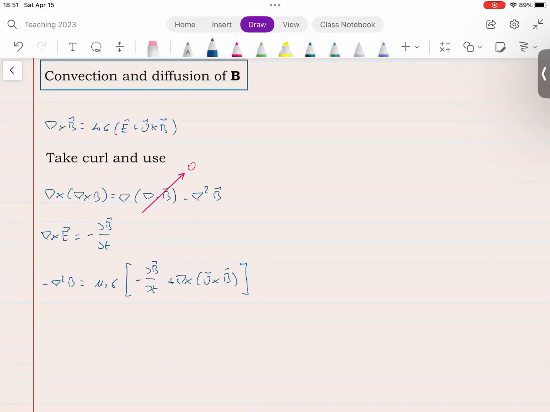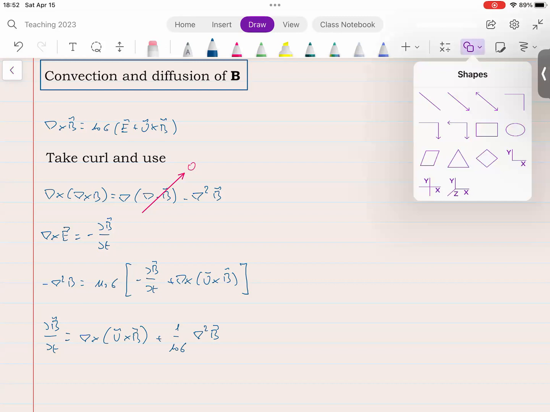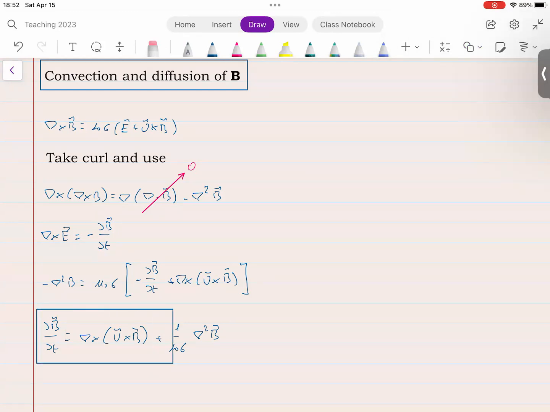And rearrange terms and keep the time derivative on the left-hand side. This gives us dB over dt equal to del cross U cross B plus 1 over mu naught sigma del square B. This is sometimes called the induction equation for the magnetic field.